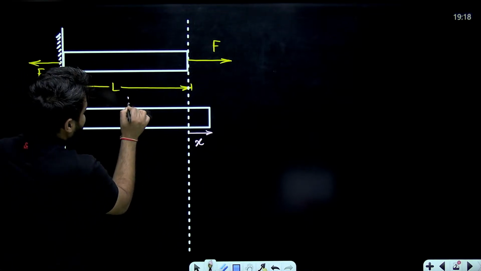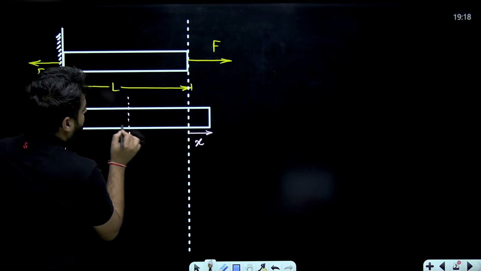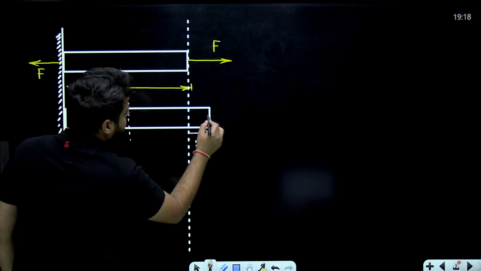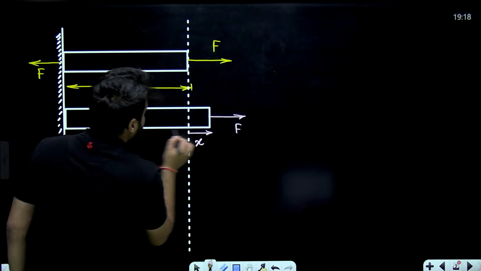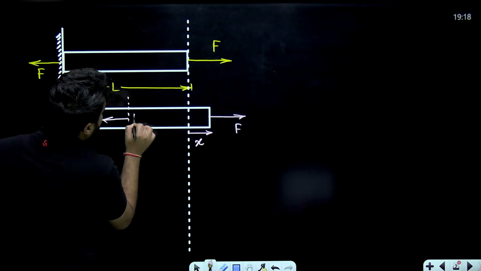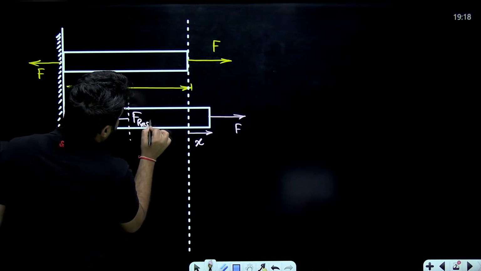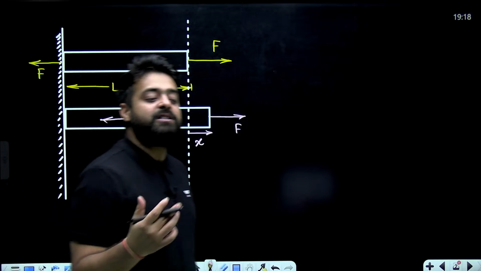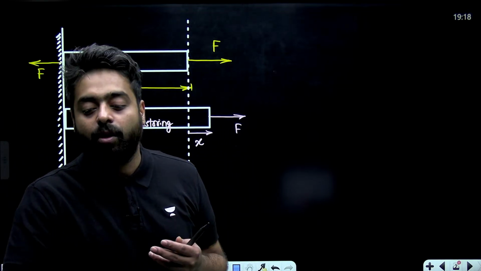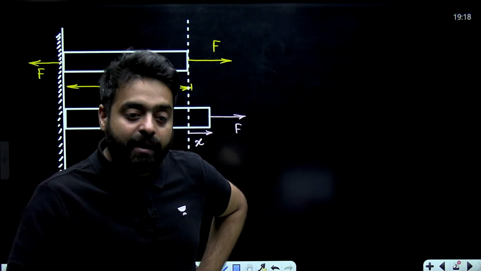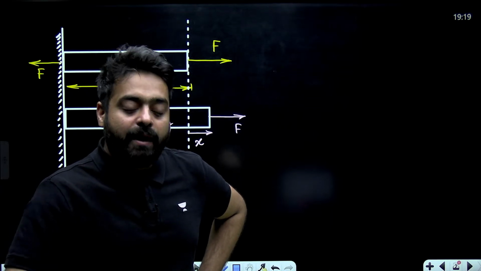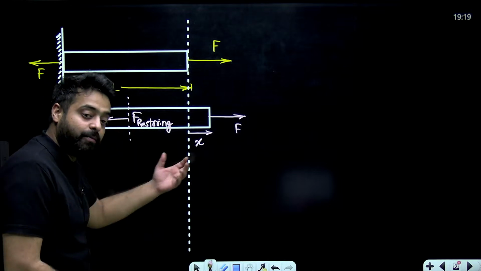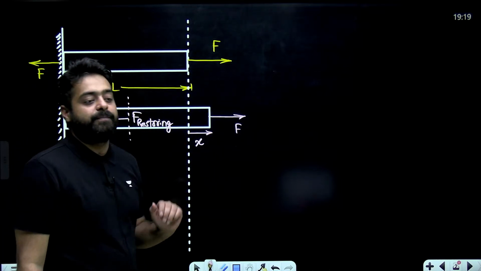When I go inside the material and take this section, this force F is opposed by another internal, or restoring, force. The restoring force, or internal resistance force, is coming internally, not externally. That is the most important part. It is a restoring force inside the body which is trying to restore its position.